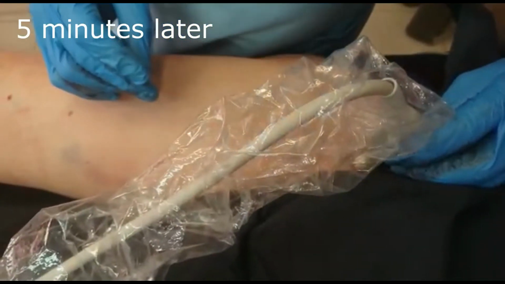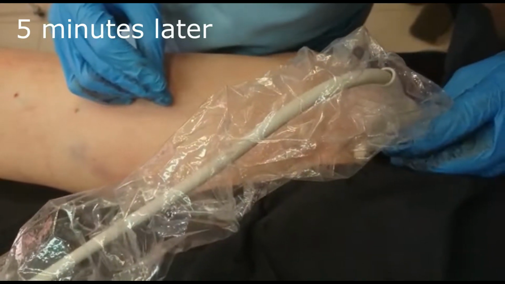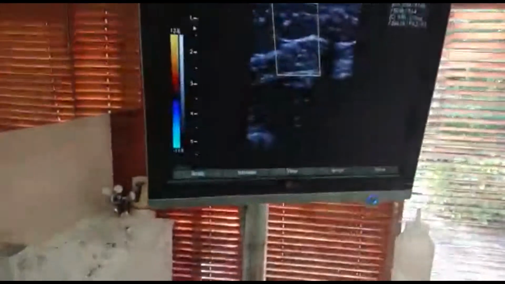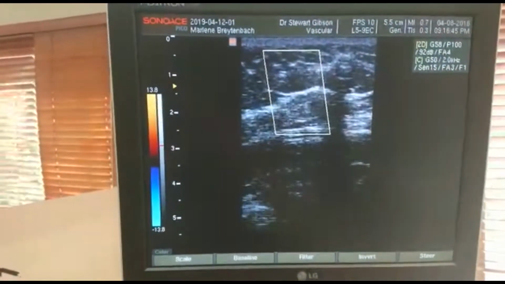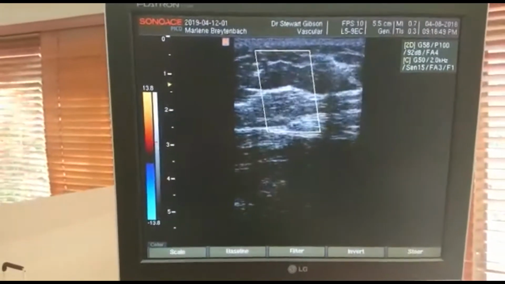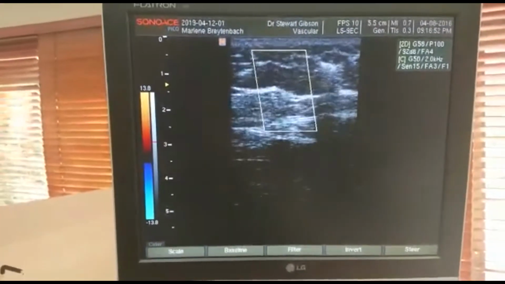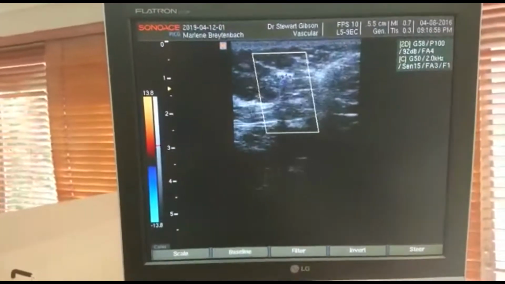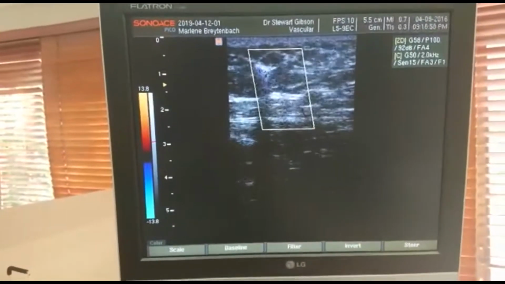Now, looking at the area that we've just introduced the foam sclerosant into, have a look on the screen, and you will notice the hyperechoic area in the center of the screen over there. Now moving distally back down towards the feet, you can see where the vessel filled. You can see where we went in higher up.